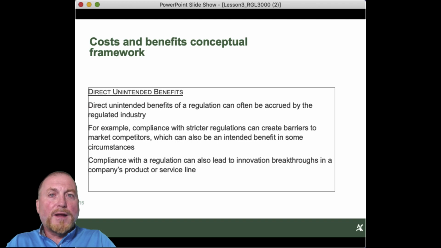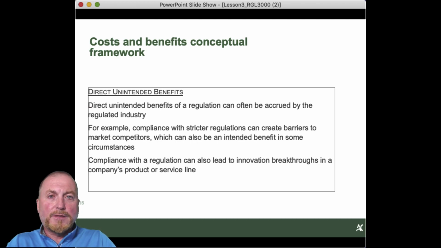considerations. Direct unintended benefits typically are accrued by the regulated entity, but they're also accrued by the government itself. When governments regulate, they learn. They build internal capacity. They gather more information. They break down asymmetrical information.